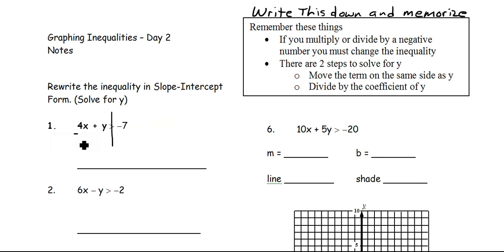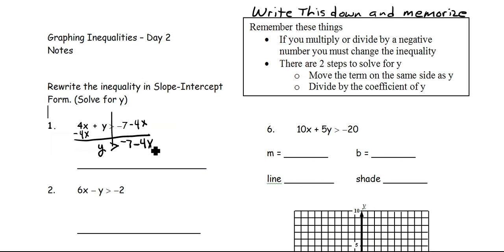So I'm going to move the term that's on the same side as the y. And I end up with y is greater than negative 7 minus 4x.